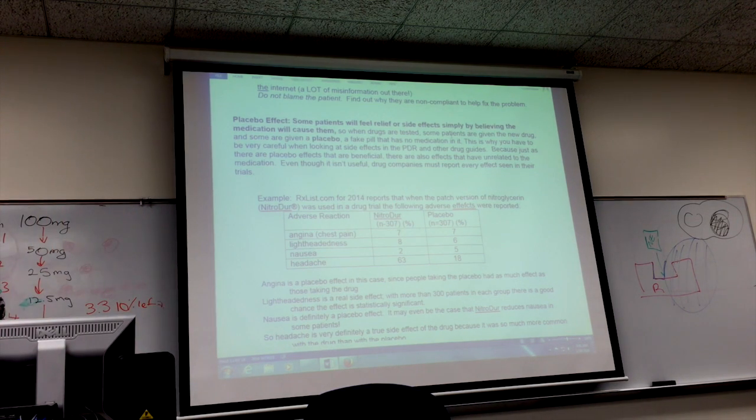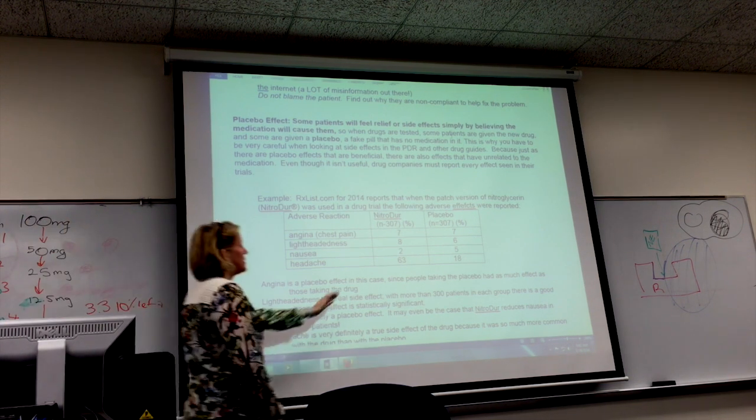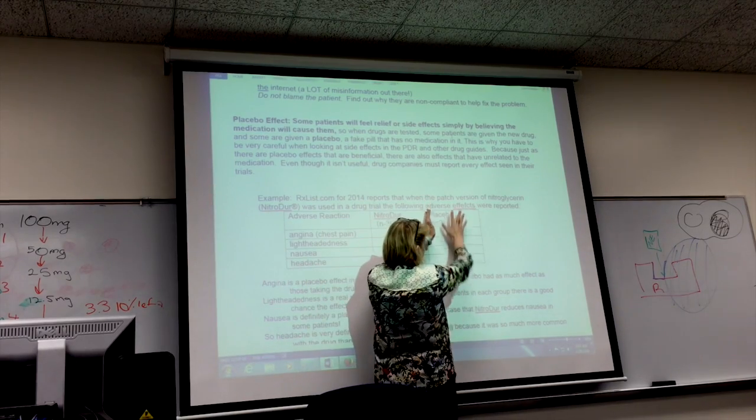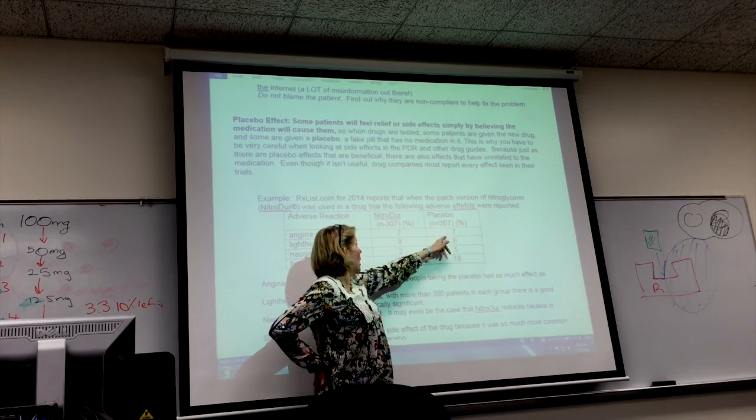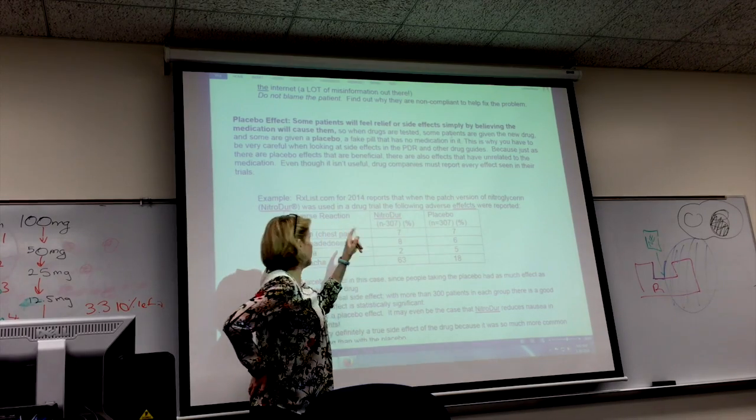And so when they're figuring out if the drug is safe or what the effects are, they look at those surveys and they look at the difference in the surveys from the people who had the placebo, the pretend thing that didn't have drug in it, and the ones that had the drug. So the placebo effects here are not that they gave the patient the drug and said, you're going to have chest pain or lightheadedness.